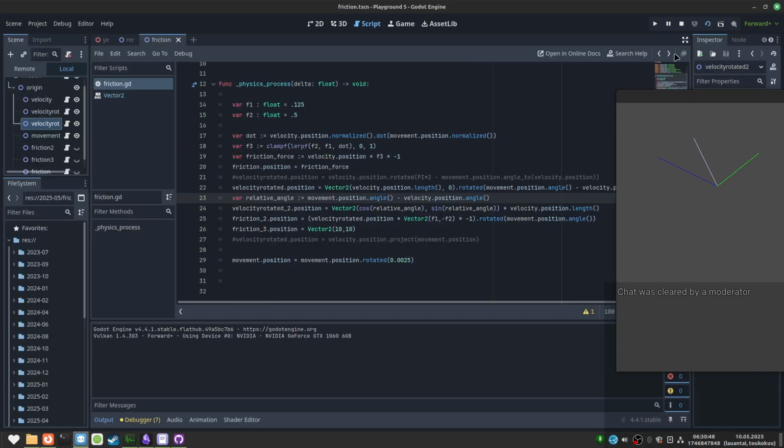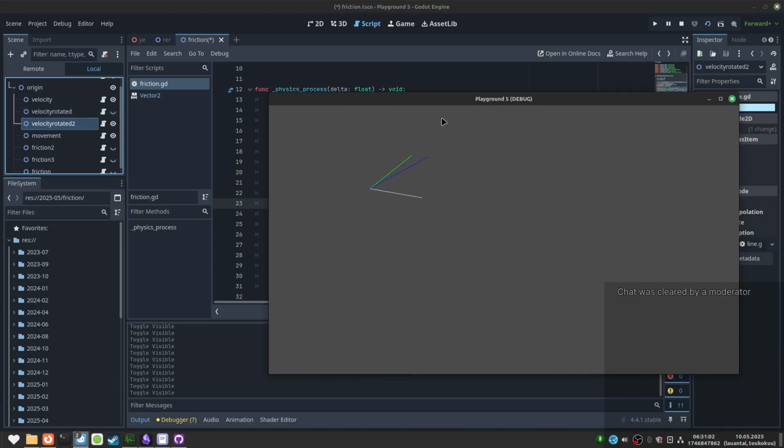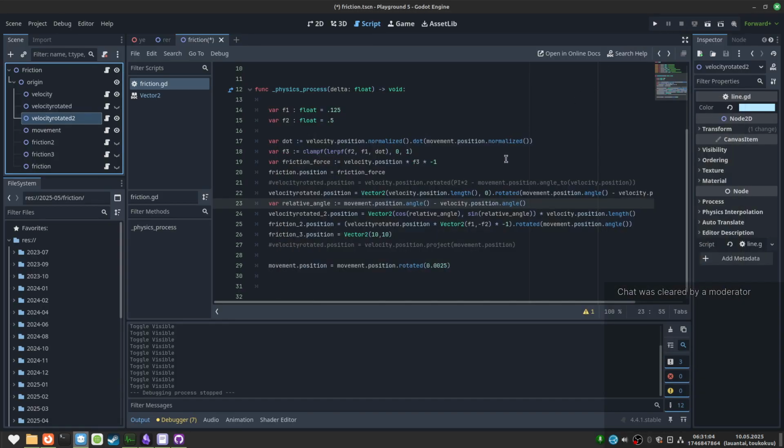Let's just hide velocity rotated. If I hide both, then it disappears. If I show one, then they're the same. Okay. Good. So basically, I just have to get the relative angle and then construct a vector based on that. And then I have that.